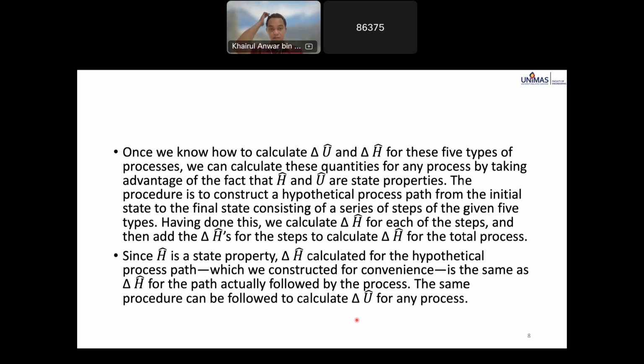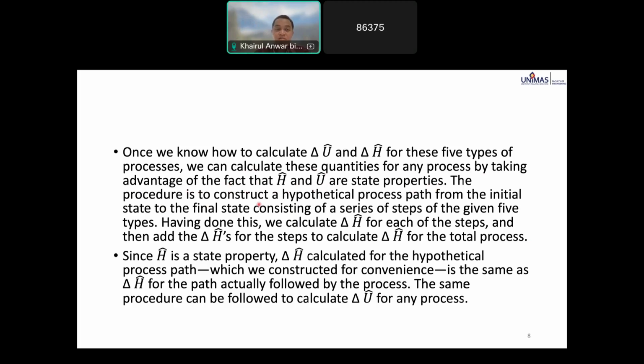So once we know how to calculate delta U, delta H for these 5 type of processes. So how many processes? 5 processes. Process 1 until 4 is for the non-reactive. Process 5 is for the reactive process. You can calculate this quantity for any process by taking advantage of the fact that H and U are state properties.